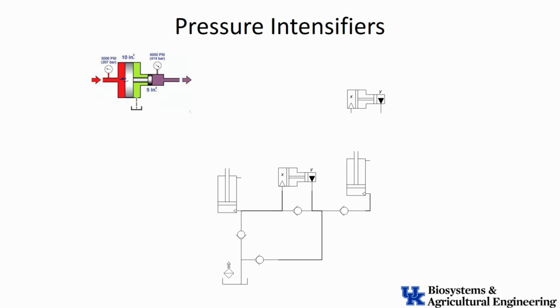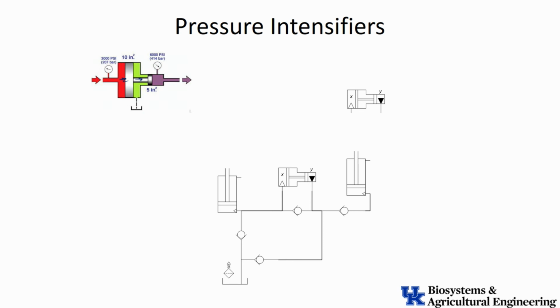It's acting on this large cylinder, so I'm developing a really high force. And that really high force then is acting on a smaller cylinder, so I can get a whole lot more pressure out of it, okay? So as this cylinder moves from left to right, I'm going to have 6,000 psi available over here, twice the pressure, but the sacrifice is I only have half the flow rate.